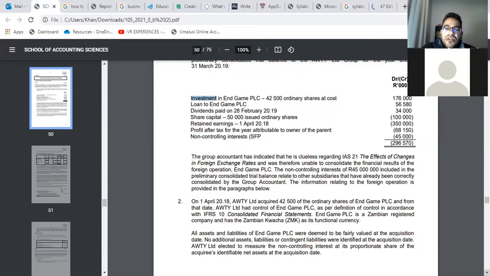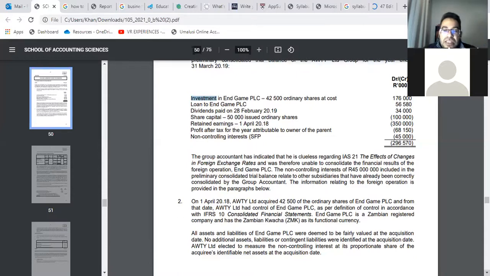The non-controlling interest of 45 million included in the preliminary consolidated trial balance relates to other subsidiaries that have already been correctly consolidated by the group accountant. The information relating to the foreign operation is provided in the paragraphs below.